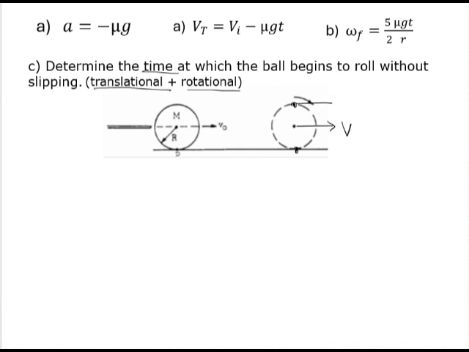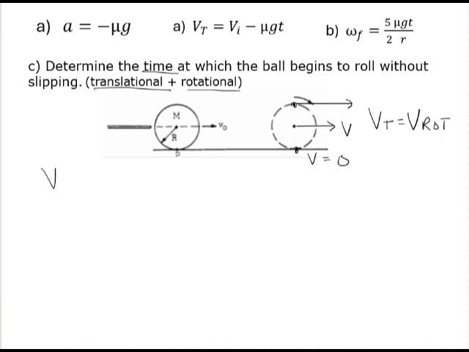The velocity at the top of the circle is going to be greater, and the velocity at the bottom is going to be 0. So we're looking at the center of mass where we have translation and rotation going on and they can be connected. In other words, we're looking at the place where translational velocity is equal to rotational velocity.